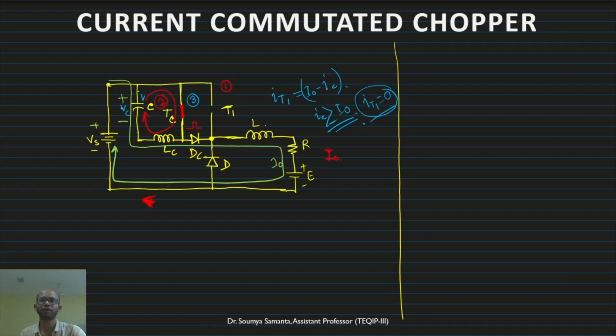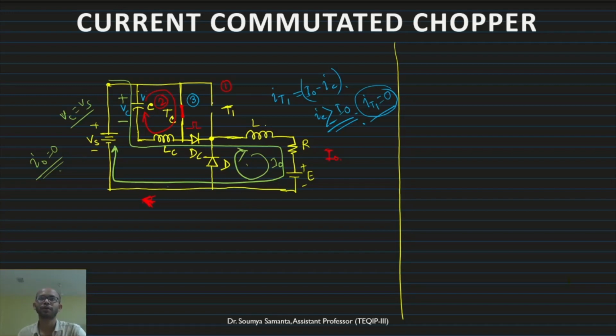The moment this VC with this polarity goes equal to VS, the circuit will be turned off and the current I naught will be equal to 0. When I naught goes to 0, as there is an inductor, the current cannot rapidly go to 0, so it will take a path, and there is a freewheeling path.